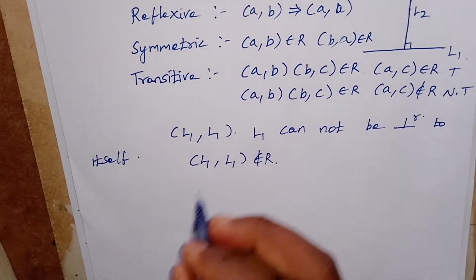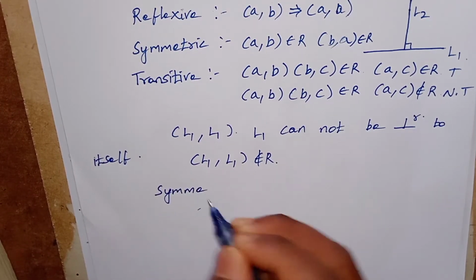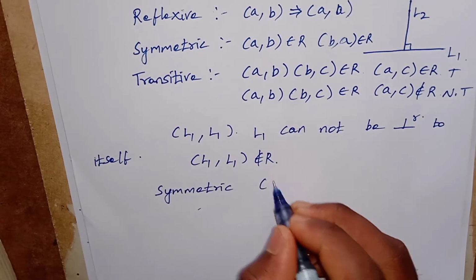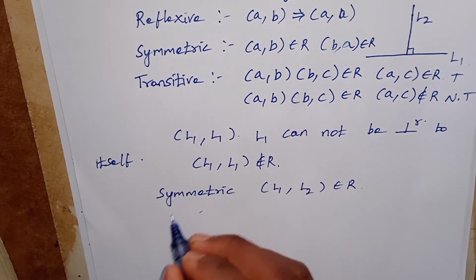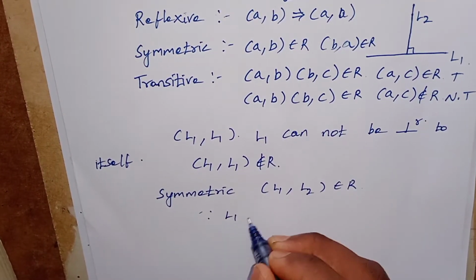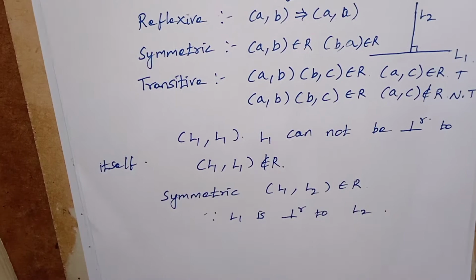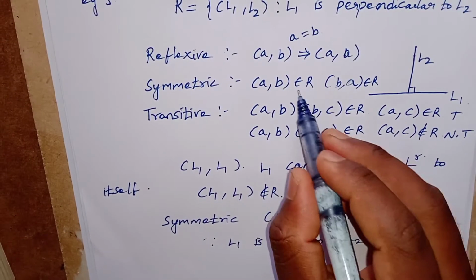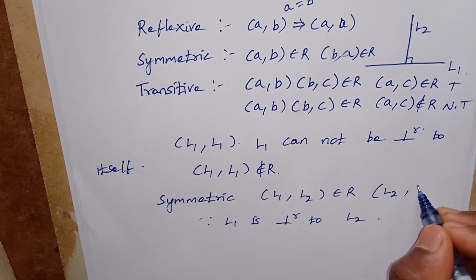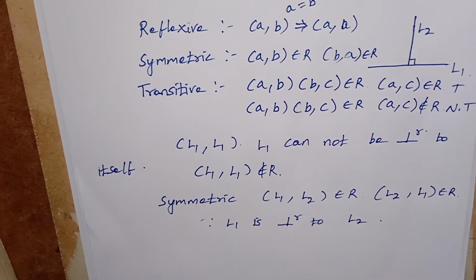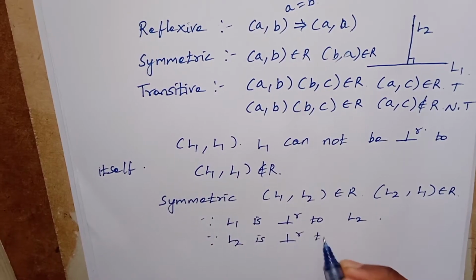Next, for symmetric: (L1, L2) belongs to R. You have to write L1 is perpendicular to L2. Its inverse is (b, a), therefore you have to write (L2, L1) also belongs to R, as L2 is perpendicular to L1.